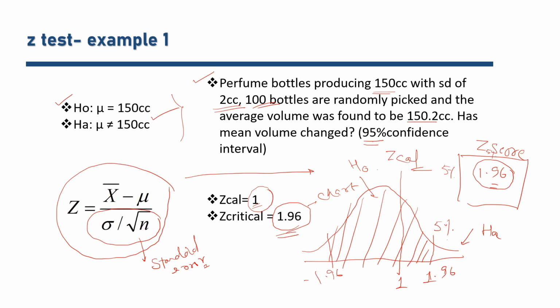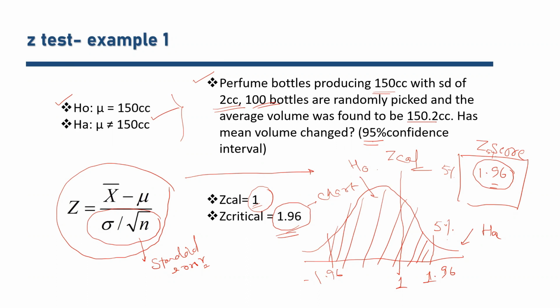Okay. Yeah, so here in this example, since Z cal is less than Z critical, that's why we have accepted the null hypothesis, right? So instead of going through the p-value scenario, I'm just showing you how to calculate this using the Z-test.